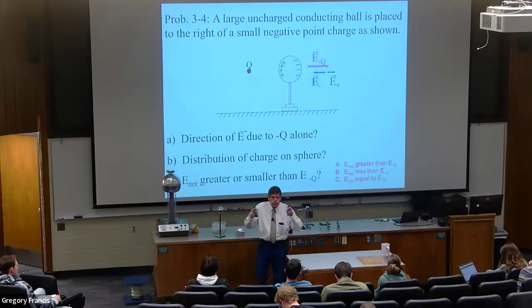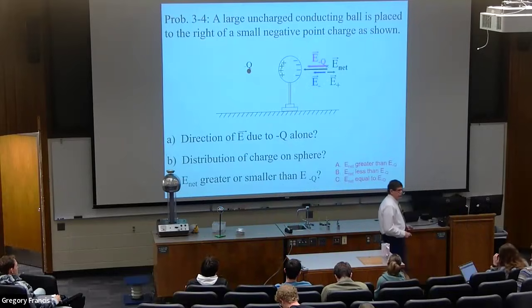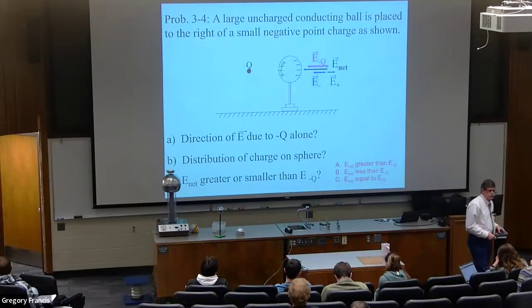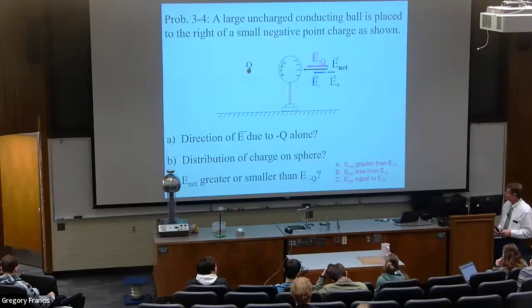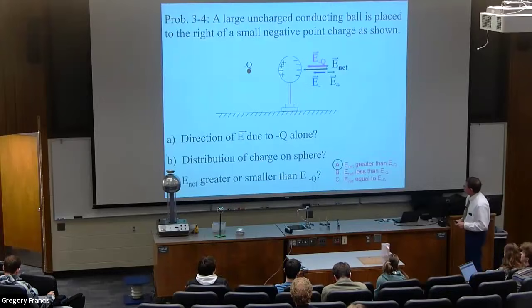Because they're further away, and distance matters a great deal. Okay, and so now when I add these three up, I get a total that's bigger than what I started with, just the point source alone. So that neutral metal ball actually magnified the electric field on the other side of it. Which is a little counterintuitive, I think. Now, the answer is A.